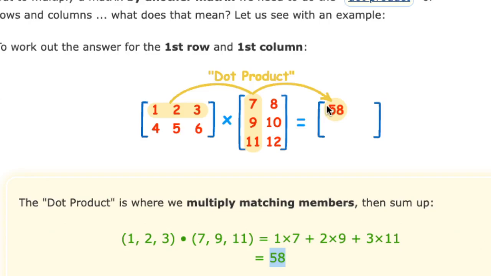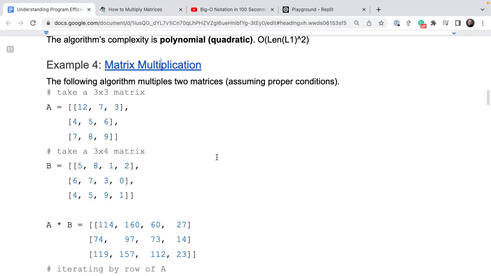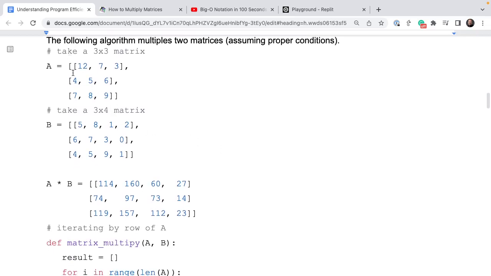So matrix multiplication is a very time-consuming algorithm, and I have the algorithm in the notes. You may want to play with it, but you can see if you have this 3x3 matrix, there are certain assumptions, like the number of columns in the first matrix must match the number of rows in the second matrix.